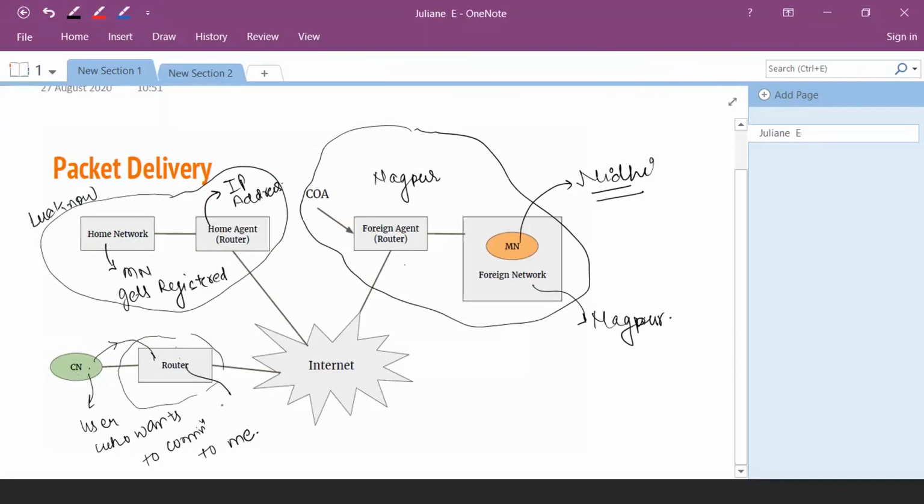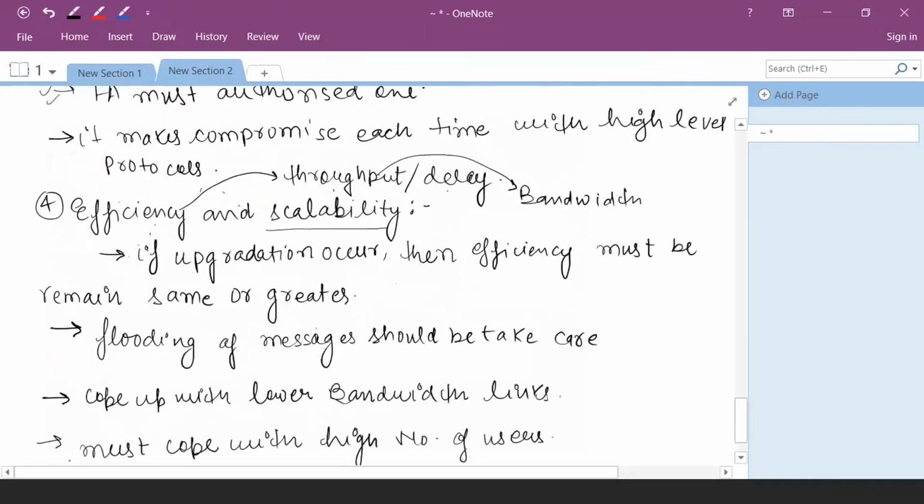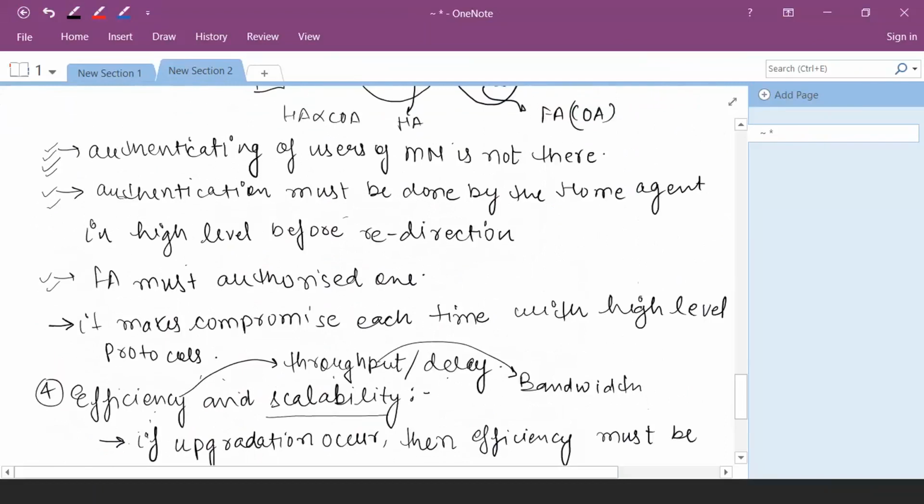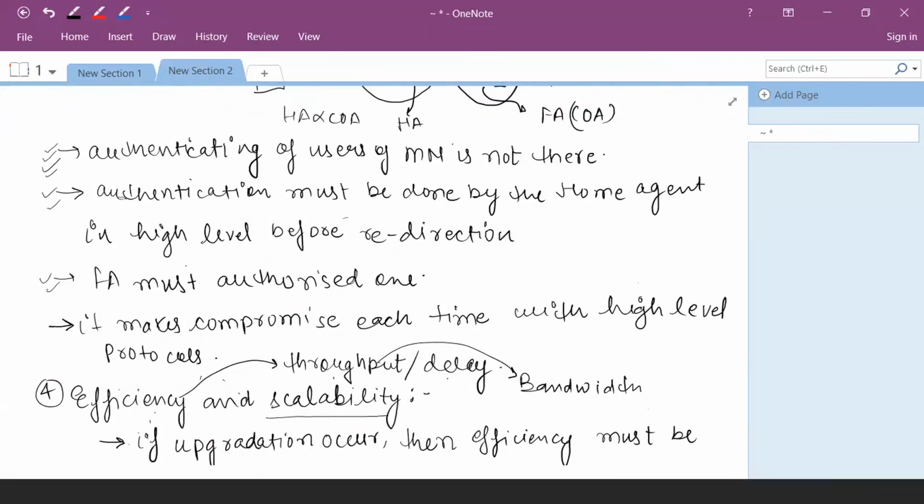This router can be a foreign agent or a home agent. And actually, mobile IP does not take care of it. Like the authentication of the users of MN is not there, neither the sender nor the receiver.